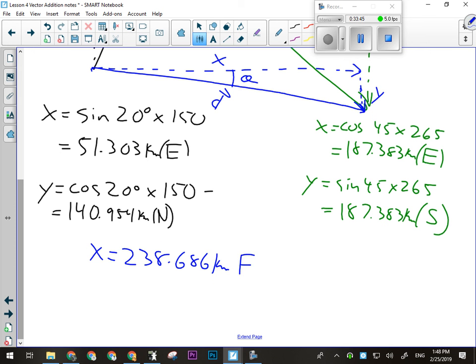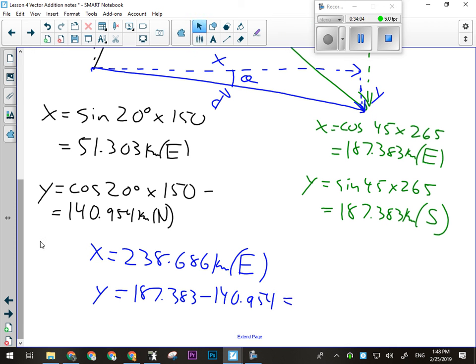For my y component, I'm going to have to subtract them because one goes north, the other goes south. So I'll take my 187.383 kilometers south and subtract the smaller north component, 140.954. I'll actually put in the real numbers so I get all the decimals here.